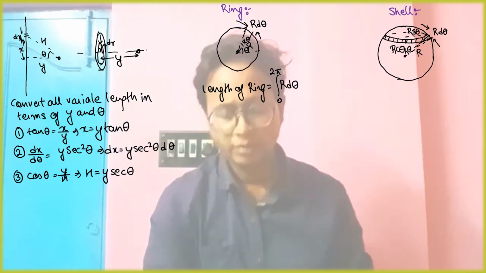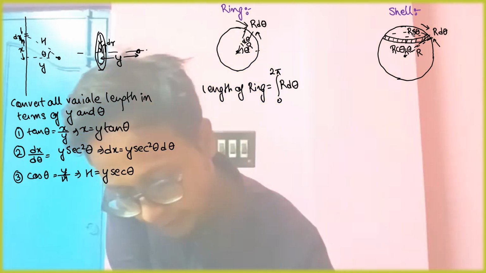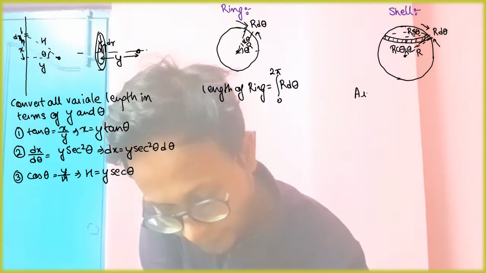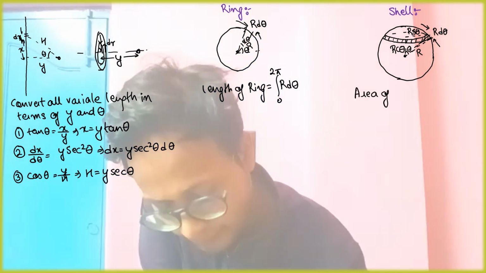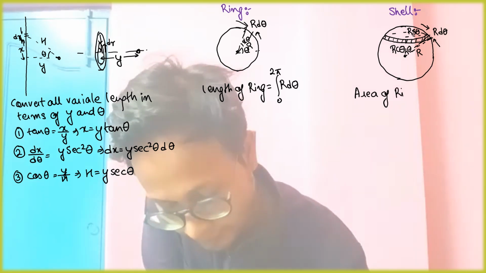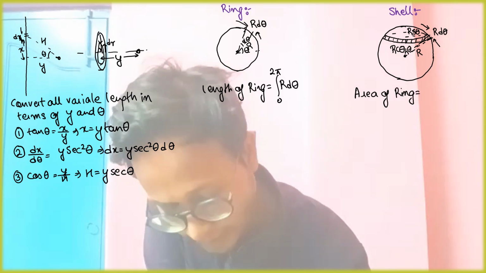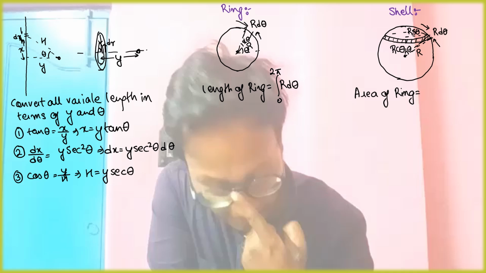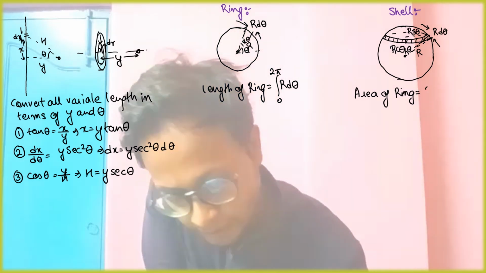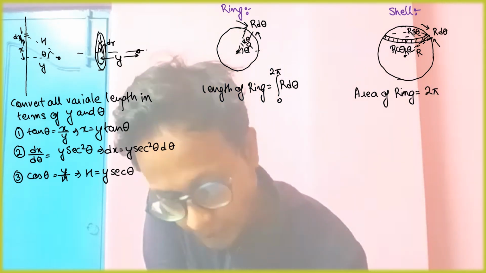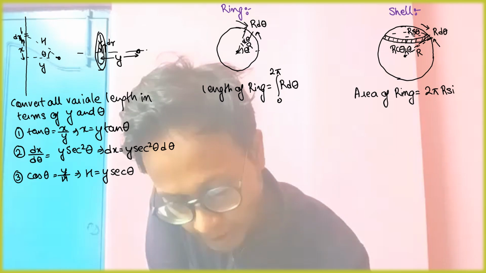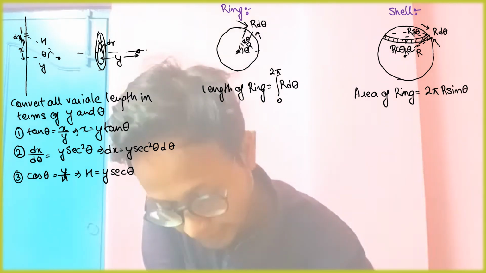So how do I find out the surface area? Area of elemental ring is nothing but perimeter of the ring times thickness. What is the perimeter of the ring? 2 pi into r sine theta. This is the radius of the ring, isn't it?